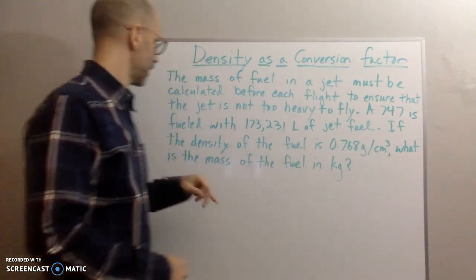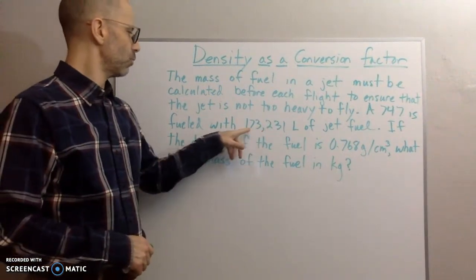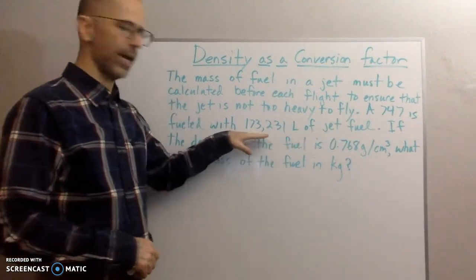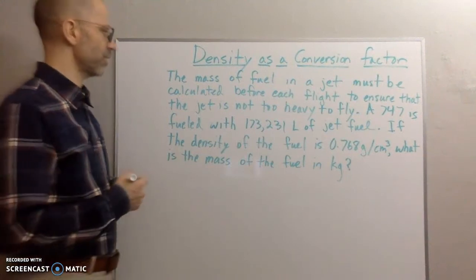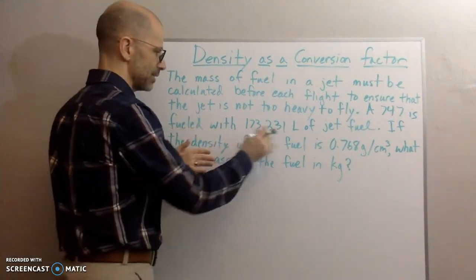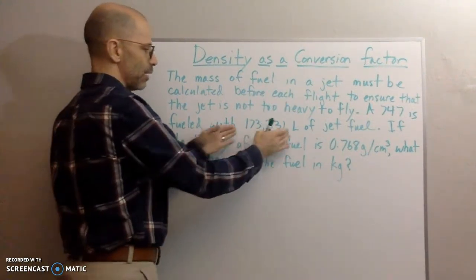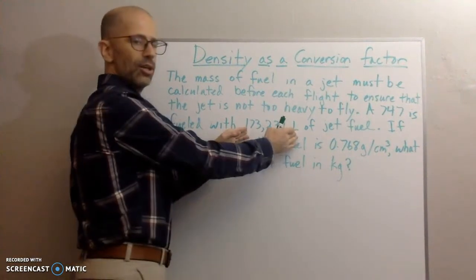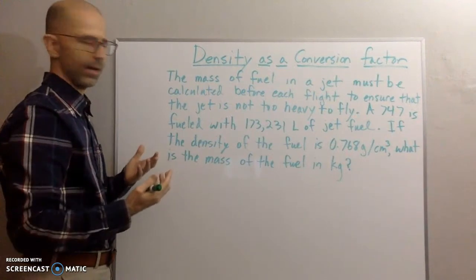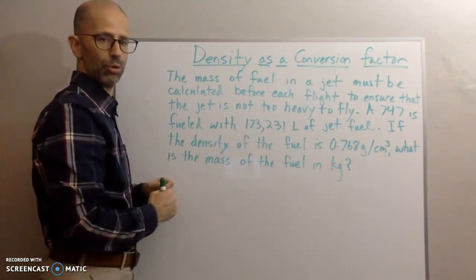A 747 is fueled with 173,231 liters of jet fuel. That is a piece of information that is going to be useful. Notice that this is not relating the liters to some other unit or thing. It's just saying we're going to add that amount of fuel to the jet.